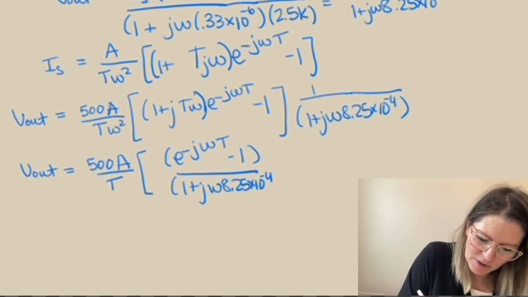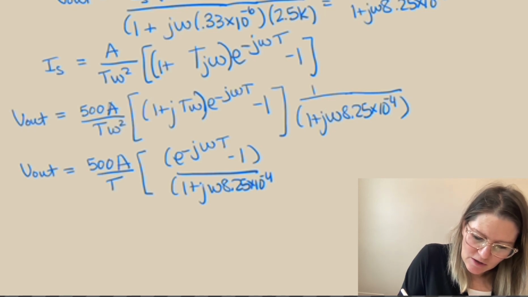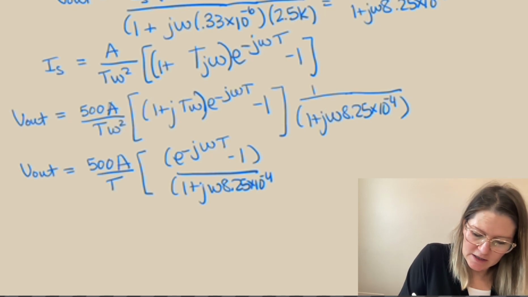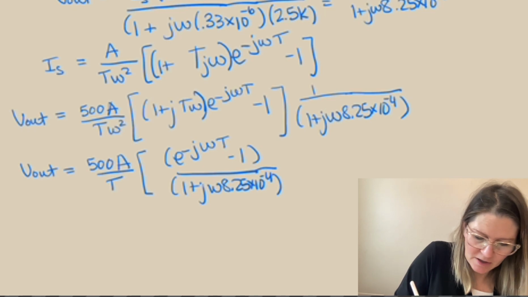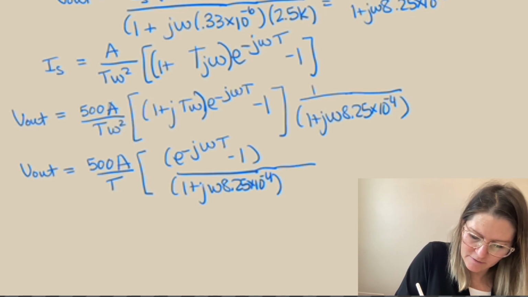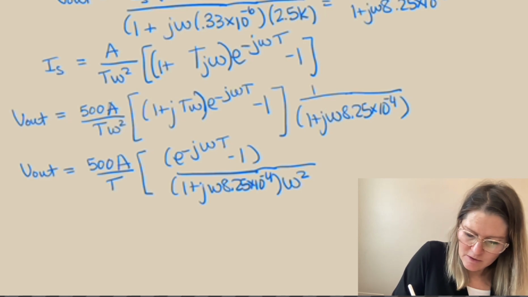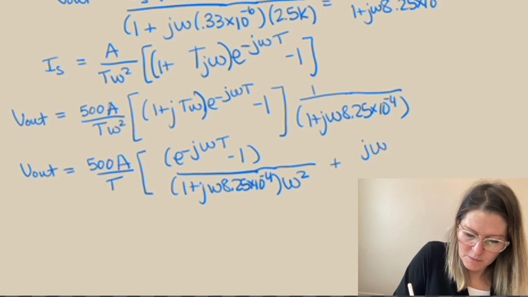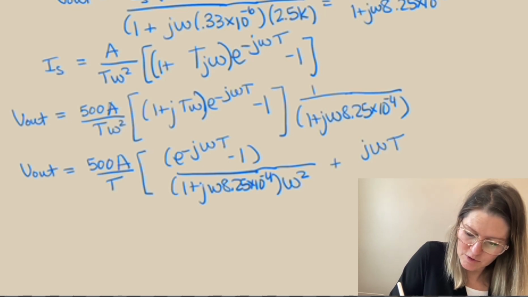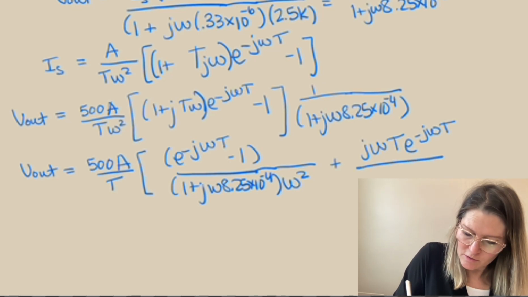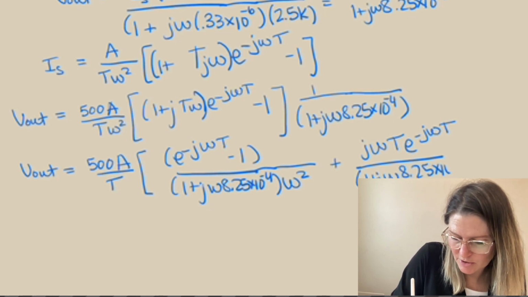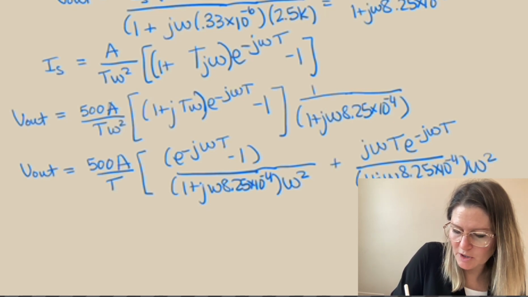So yeah, e to the minus j omega t is multiplied by the first one, and then you have a minus 1, and then you're going to have omega squared, and then plus j omega t e to the minus j omega t, all over the same components, omega squared.